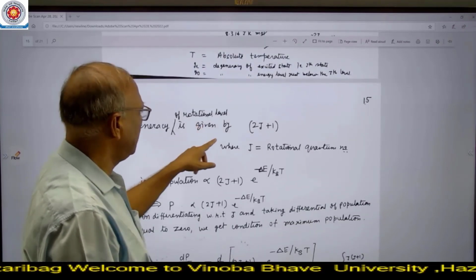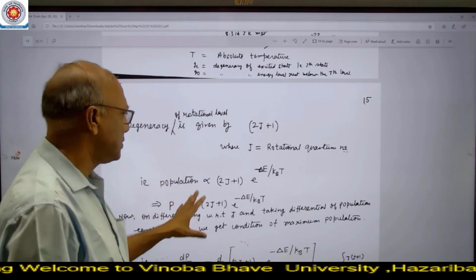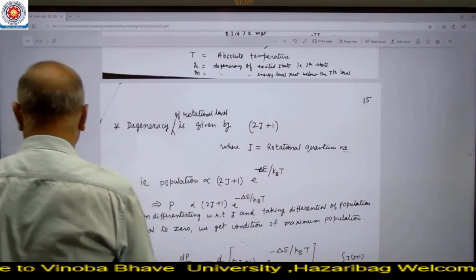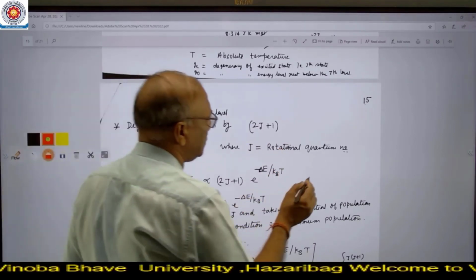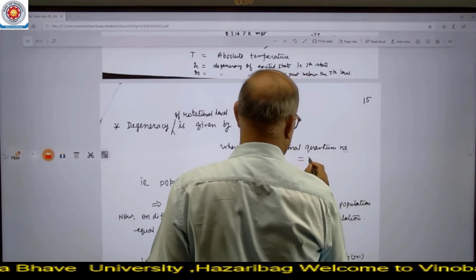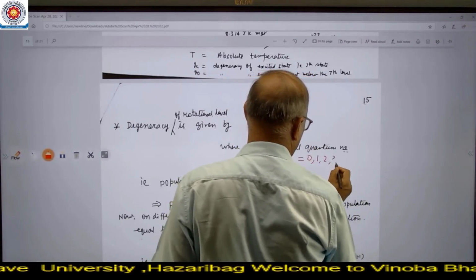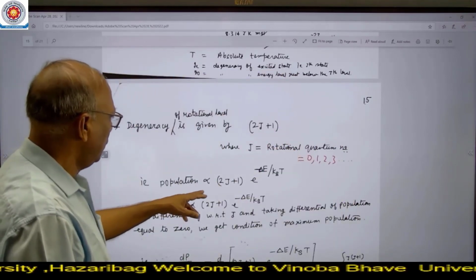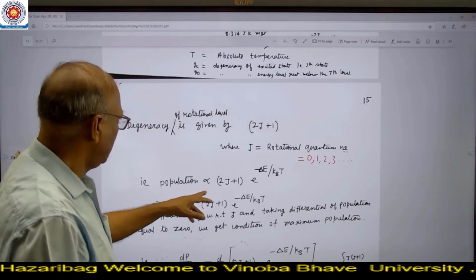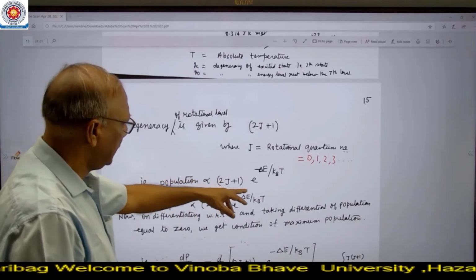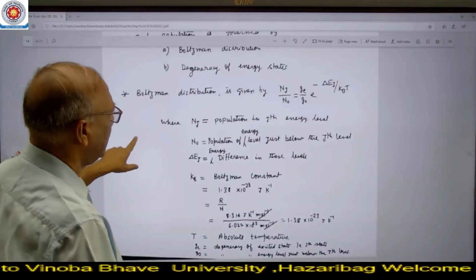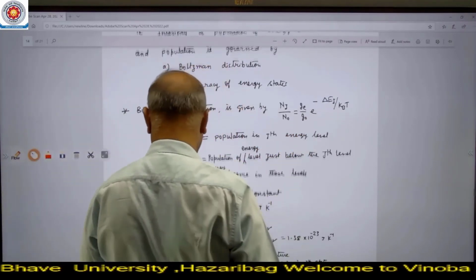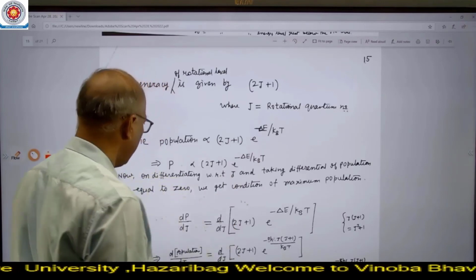Degeneracy of a rotational energy level is given by 2J plus 1, where J is 0, 1, 2, 3, etc. So population will be proportional to the degeneracy times this exponential energy term.